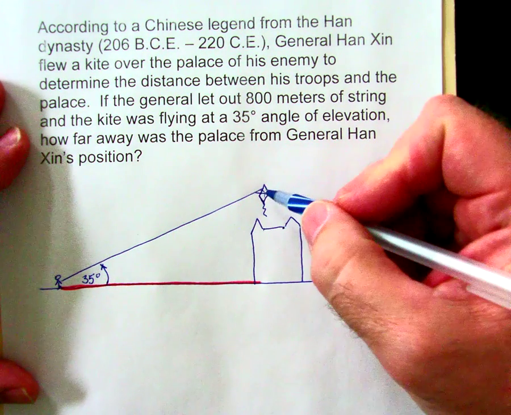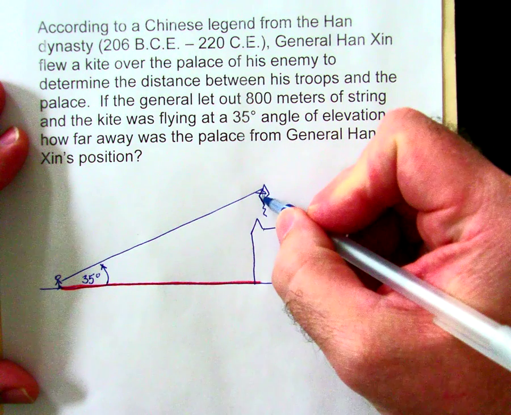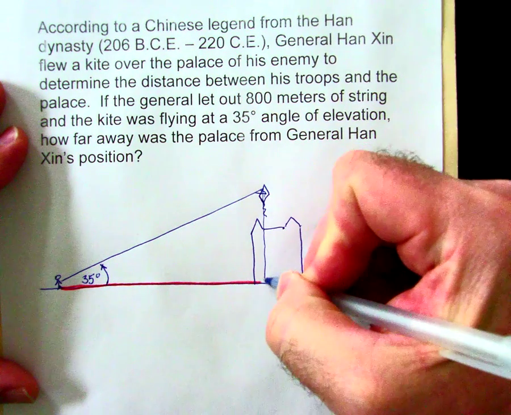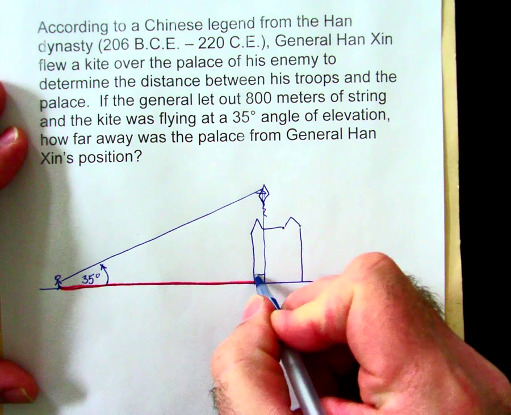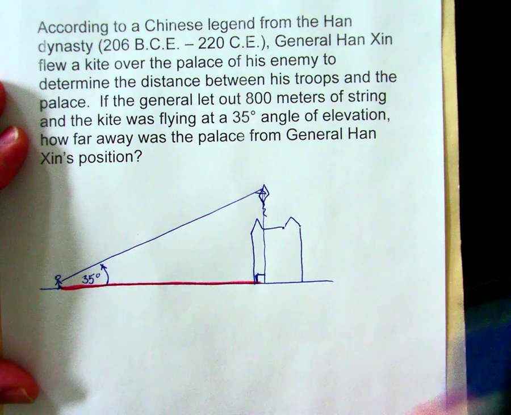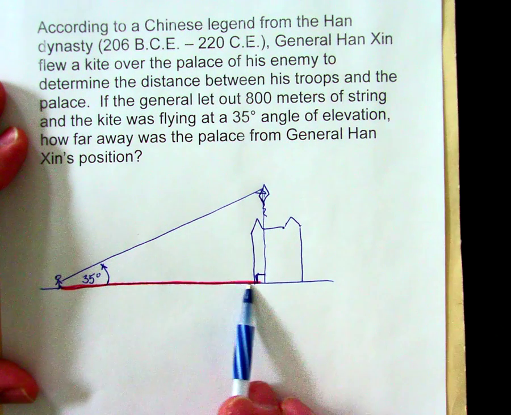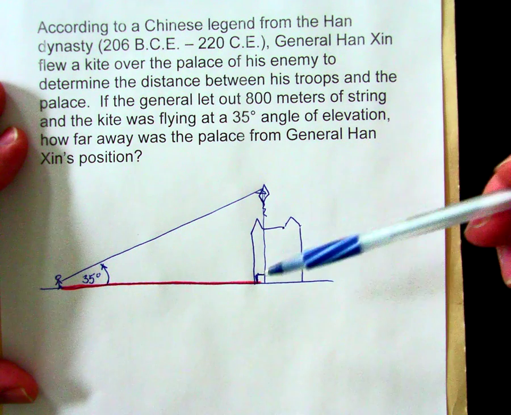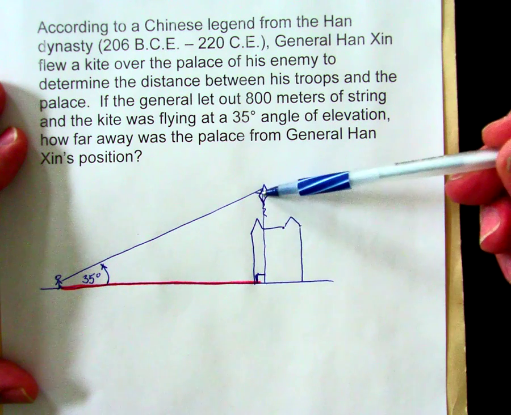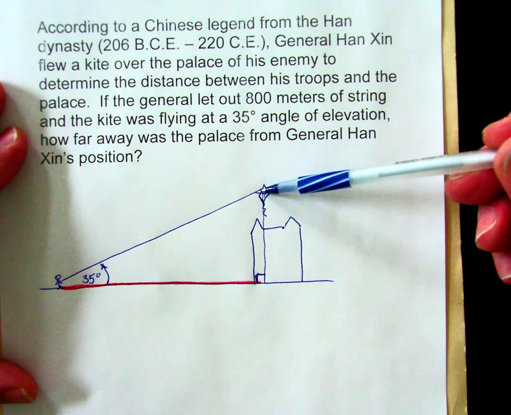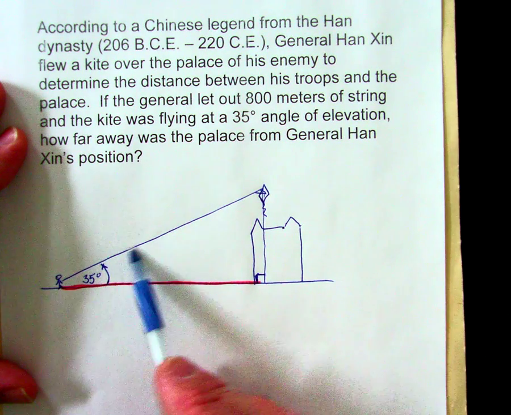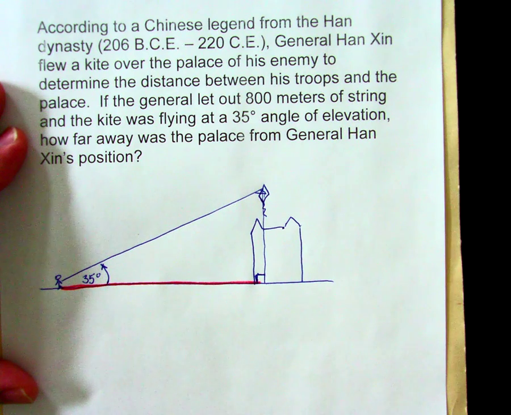Now notice if I go directly toward the ground from the kite, we've formed a right triangle, where this distance along the ground to the palace is one leg, the distance from the ground to the kite is another leg, and the string would act as a hypotenuse.